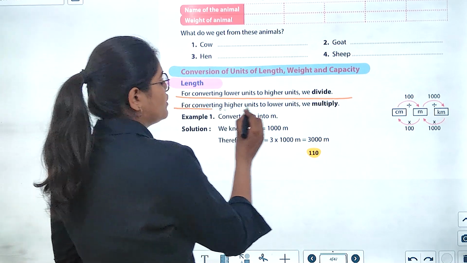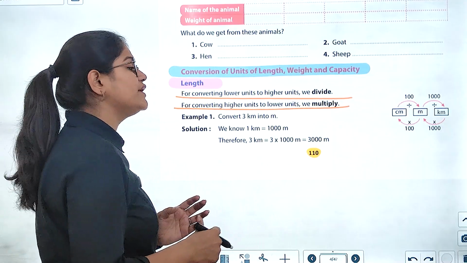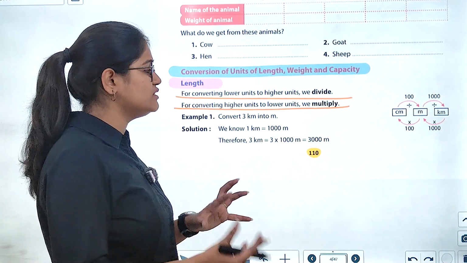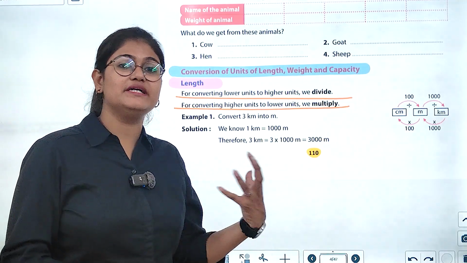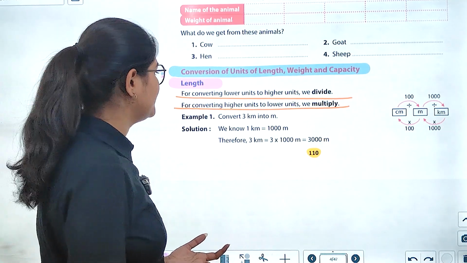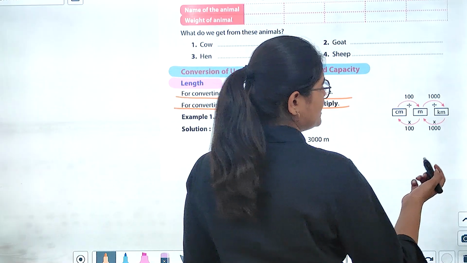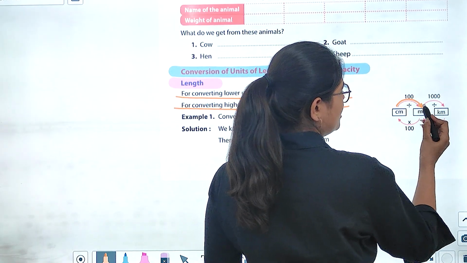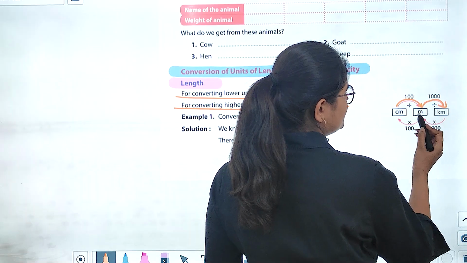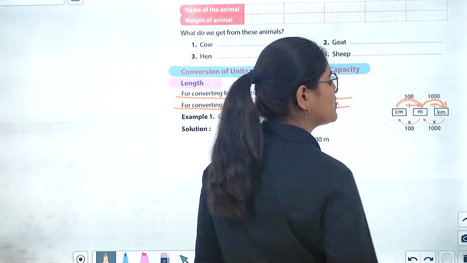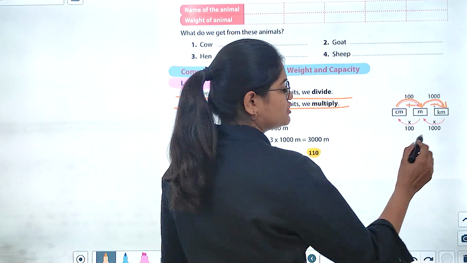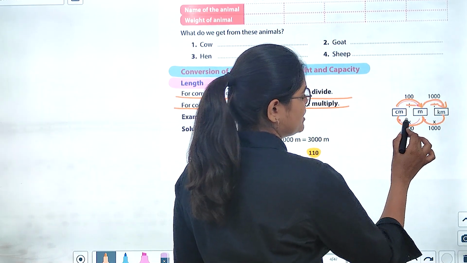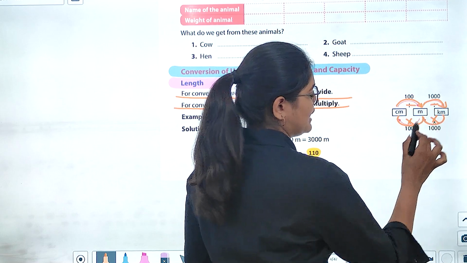But for converting higher units to lower units we multiply. अगर हमें higher units को lower units में convert करना है तो हम multiply करेंगे. राइट? जैसे कि हमें यहाँ दिया गया है, if we have to convert centimeter into meter or meter into kilometers, so we divide here, right? But if we need to convert kilometers into meter and meters into centimeters, so we multiply, right?